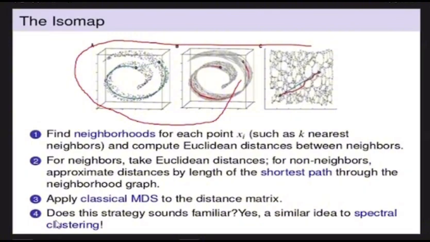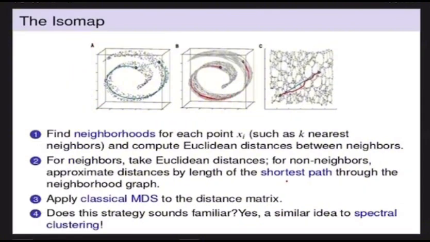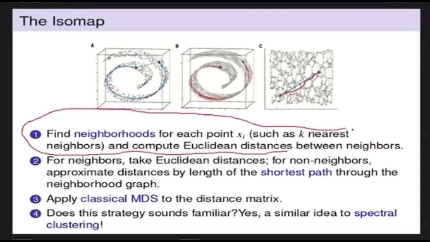We're still going to apply MDS, but that will be at a later stage. The very first thing we do, we identify the nearest neighbors. And how are we going to identify nearest neighbors? There's a particular approach that we call k-nearest neighbors. Has anybody heard about k-nearest neighbors? We use that to identify the nearest neighbors.